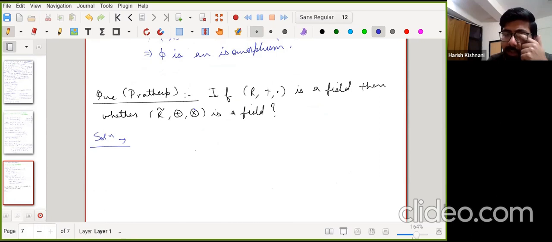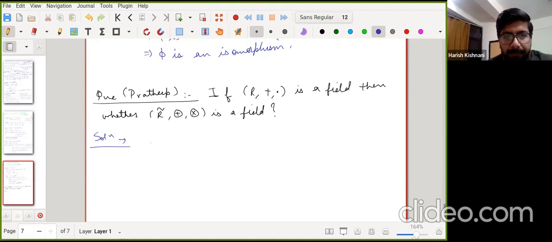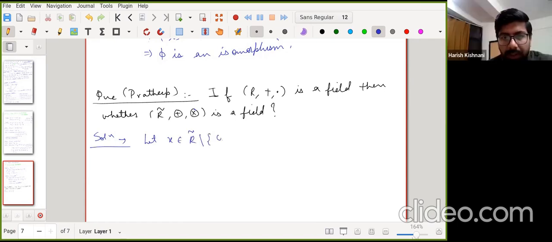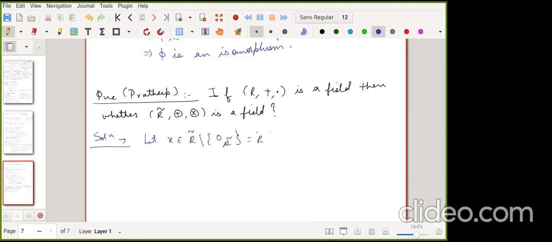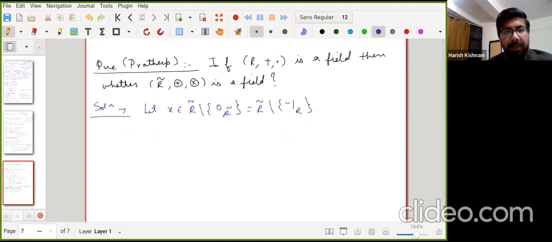And here non-zero element is everything except minus 1 of R. Right? So let x belong to R tilde minus the set 0 of R tilde, which is the set R tilde minus 1 of R. So we need to check that it has a multiplicative inverse or not.